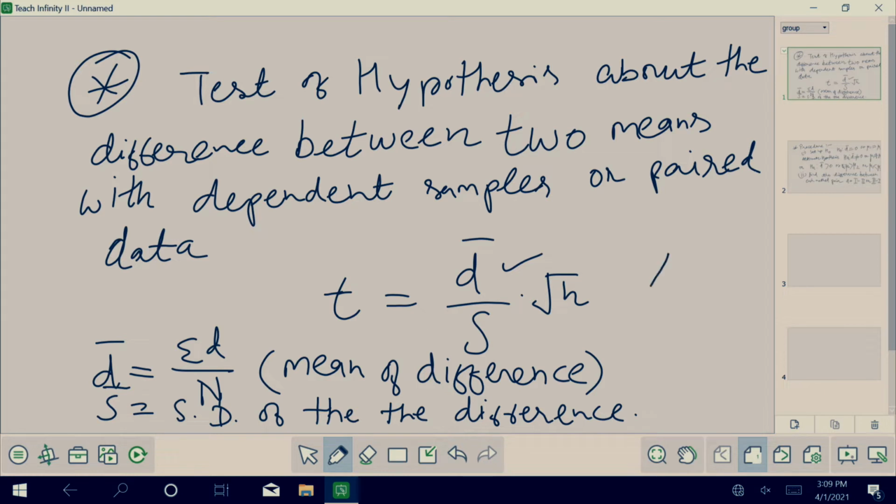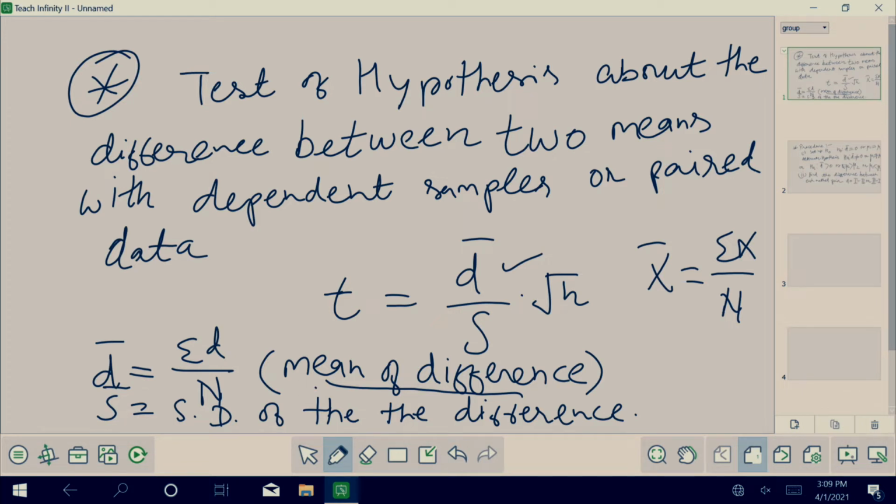You know what x bar is? This is the mean of variables, and the formula was sigma x divided by n. In the same manner, this is a mean, but this is the mean of the difference. This is the mean of variable x, but there is a difference: this is the mean of the difference.